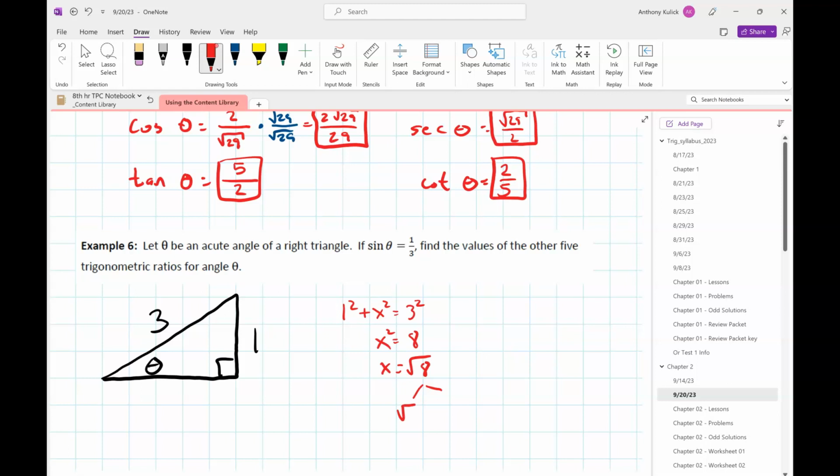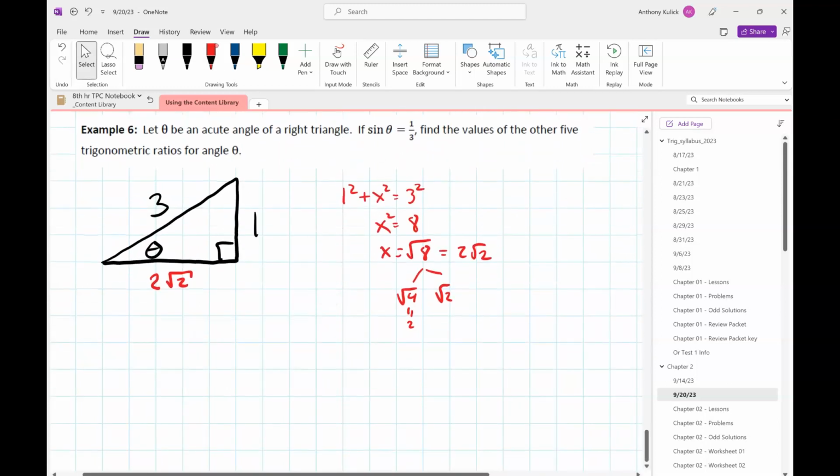You betcha! 8 is 4 times 2, so the square root of 8 is the square root of 4, which is just 2, times the square root of 2. Is everybody okay? If I went too fast or you're not sure, please stop me and say something.